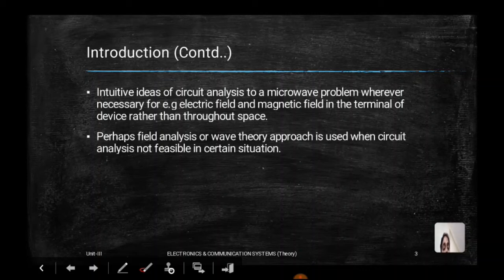This is the condition I told you: at higher frequency, if I don't know the voltage and current exactly, I cannot apply circuit theory directly. To a certain extent you can still use circuit theory. For example, for TEM lines like a coaxial cable or twisted pair, even though the physical length is comparable to the wavelength, if I can find approximately the voltage and current at the two edges of the conductor.